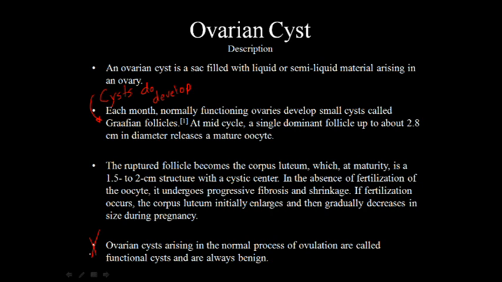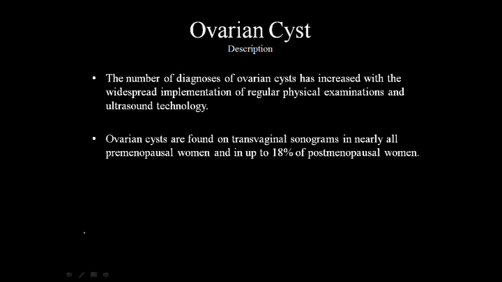And so that's something to keep in mind: if you have a cyst that was not there just a couple of weeks or maybe even a week ago, and then you develop a cyst, it's usually part of ovulation, and once ovulation occurs, it goes away, and it's usually a benign cyst.